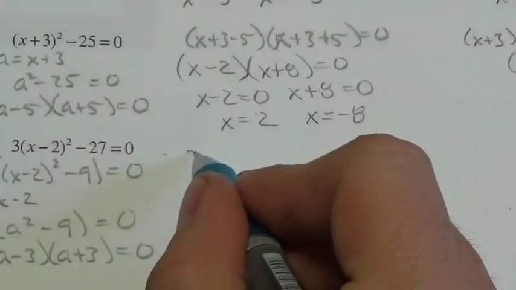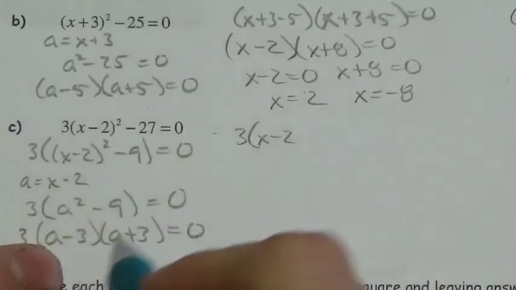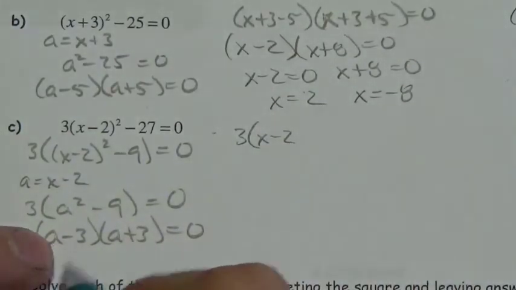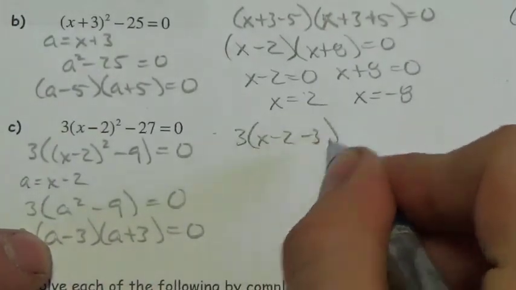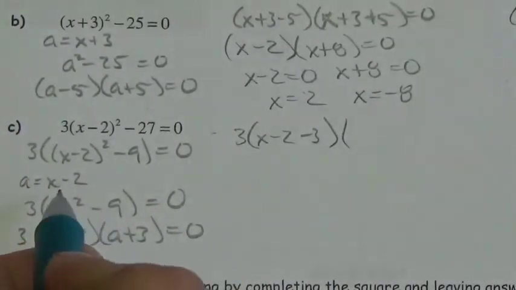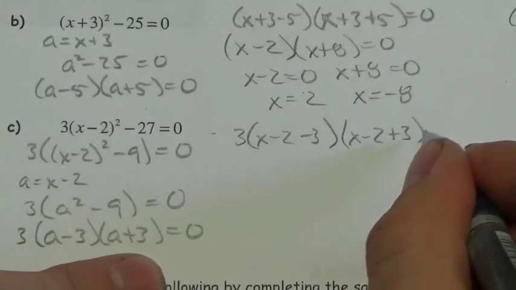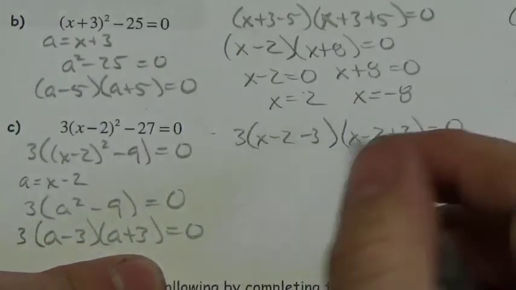So this is going to become 3 times (x minus 2 minus 3), that was that additional minus 3, then (x minus 2 plus 3), and that was equal to 0.